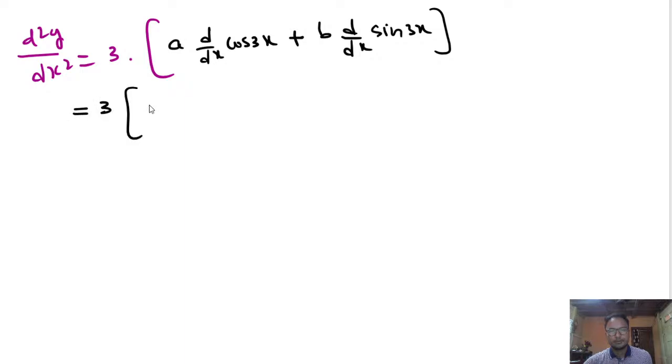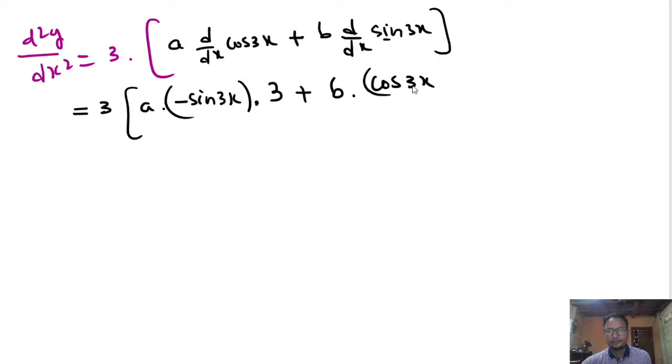That is 3 times of a into the derivative of cos 3x, which is minus sin 3x into 3, plus b times the derivative of sin 3x, which is cos 3x into 3.